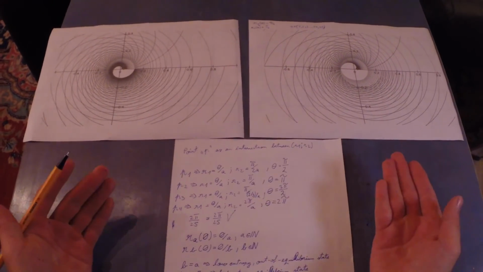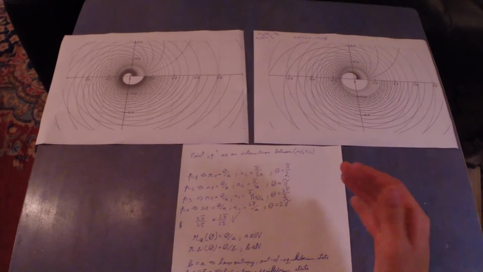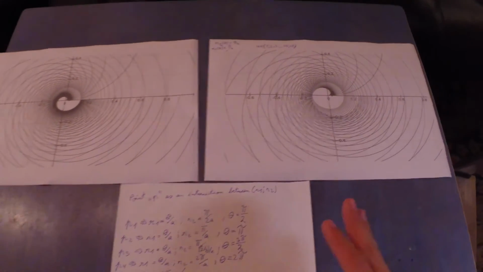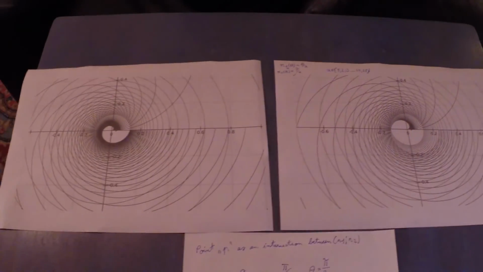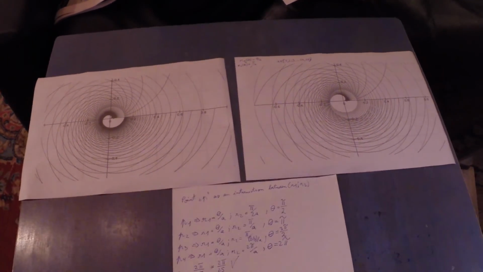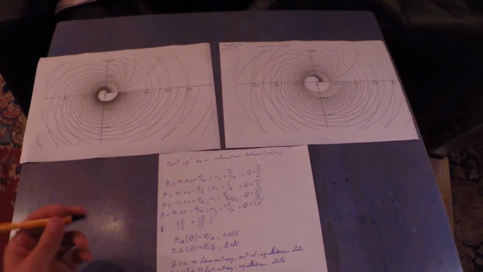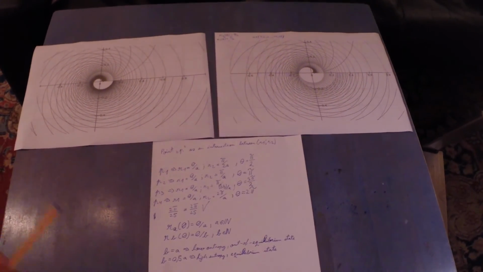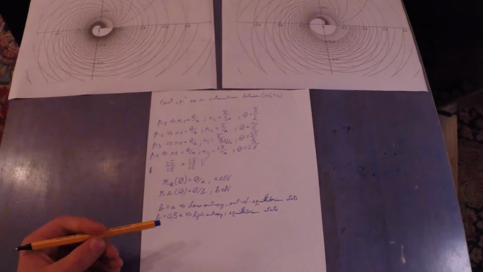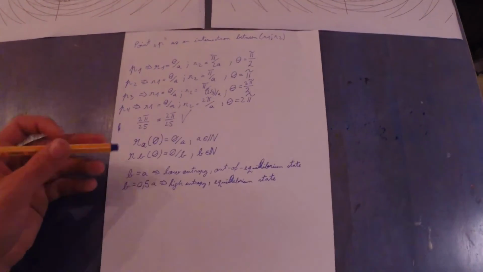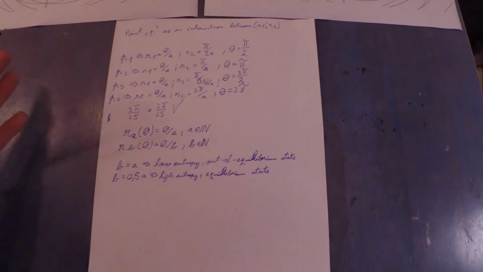When we compare them, this one is a little bit more sketchy from the symmetrical perspective compared to this one, and I personally define this one as being in a bigger equilibrium. Also, because of the high entropy, when b equals 0.5a, we have, as I said, a high entropy equilibrium state.